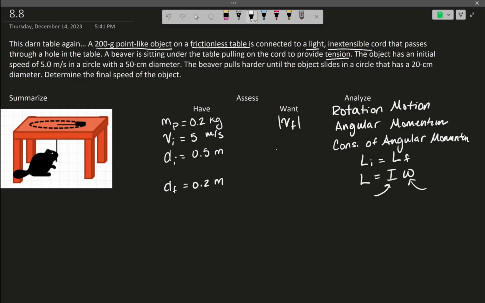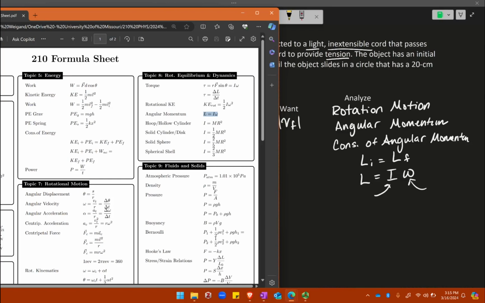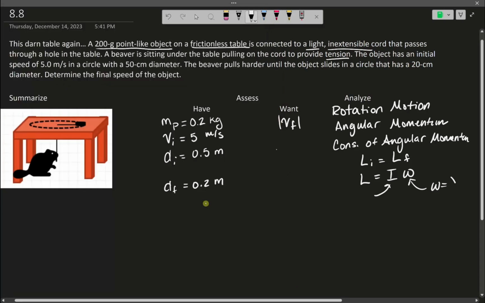Well, angular velocity is going to be the easiest one to come up with, because we know that we can just use our equations to transform from rotational motion into linear or tangential motion. So if I want to get tangential velocity from angular velocity, I'm going to use this equation here: omega is equal to my tangential velocity over my radius.